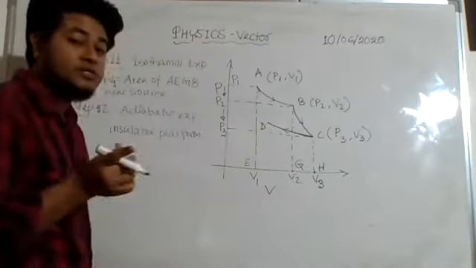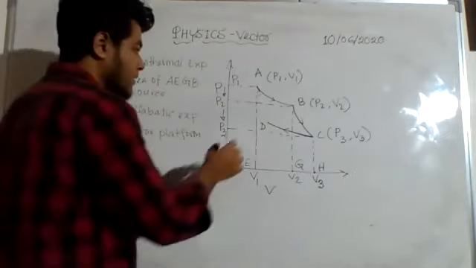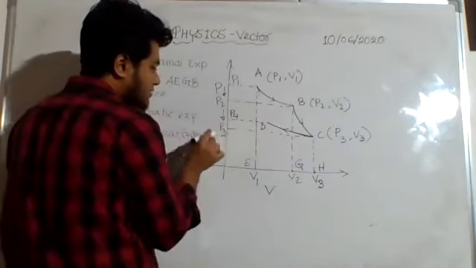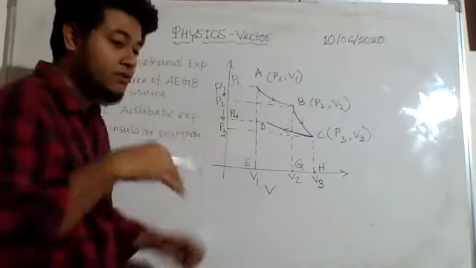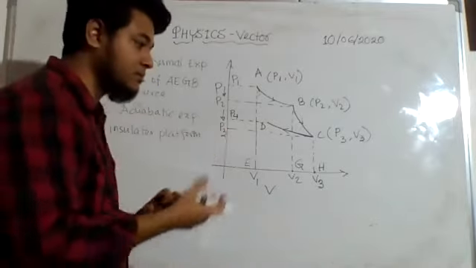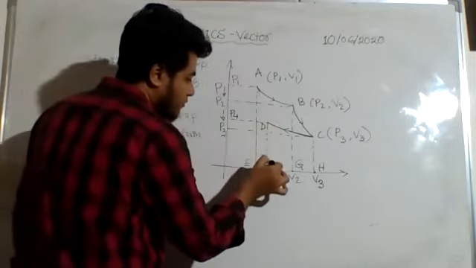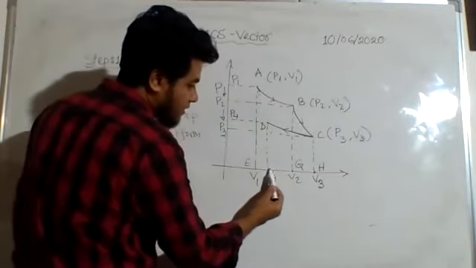At this point, the pressure is P4 and the volume is V4. As you can see, from P3 the pressure has increased a little bit. Whenever you compress, the pressure increases, but the volume decreases. So the volume has become V4. It was V3, now it has become V4.